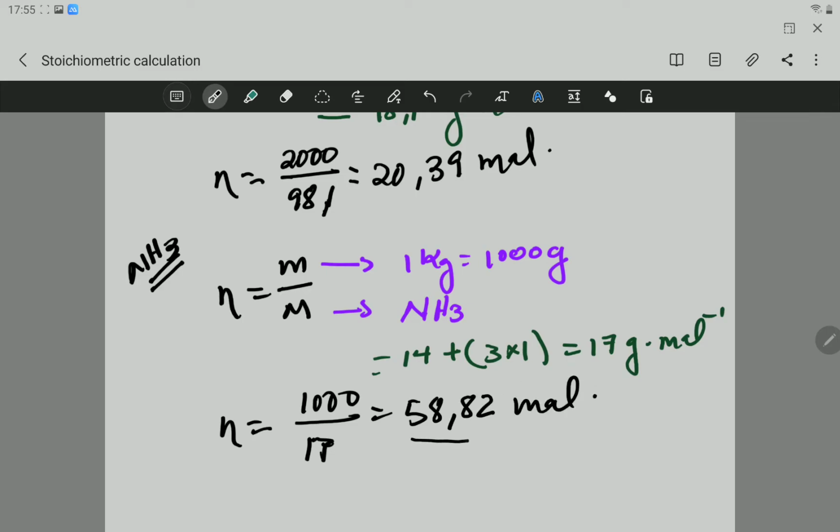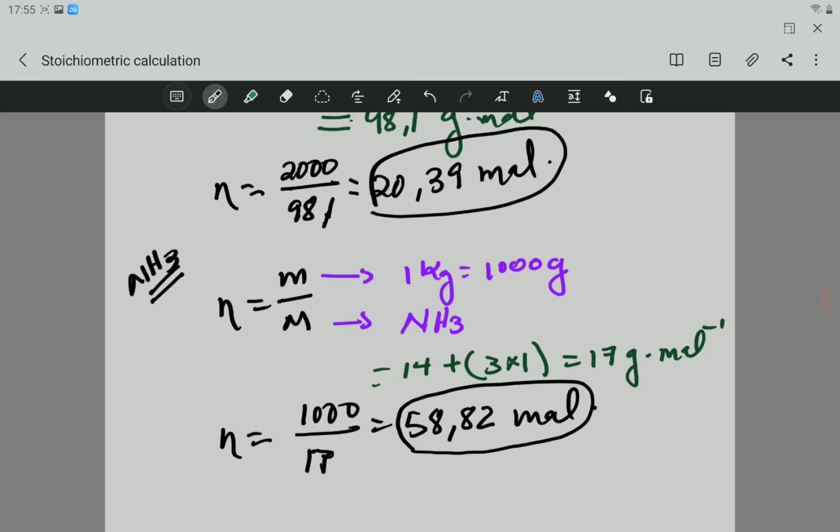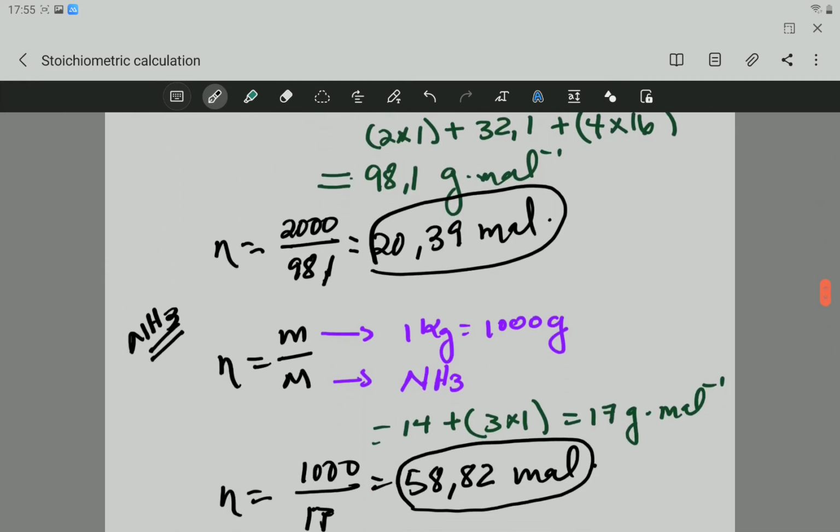So we have now the number of mole of the two reactants. Now, note the following. The fact that the number of mole of sulfuric acid is less does not mean that it's going to be the limiting reagent. Okay? So now we have to go to step 2.